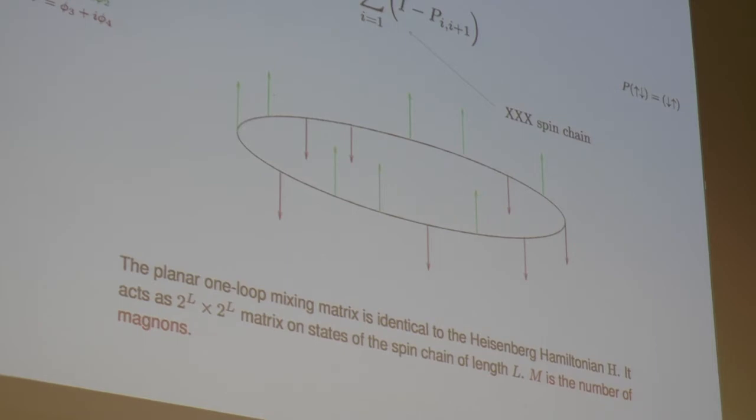And all of this, therefore, can be simultaneously diagonalized. Now, these higher charges, which make this model integrable, I'm not writing here, so please take it as a statement that this spin chain is integrable.